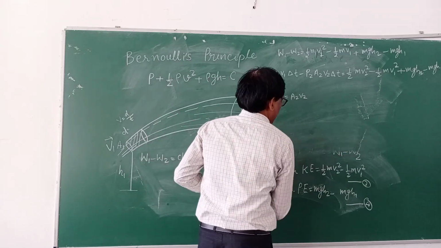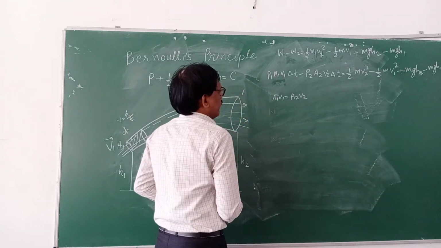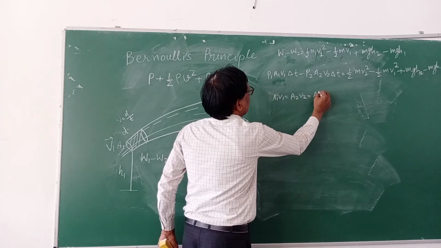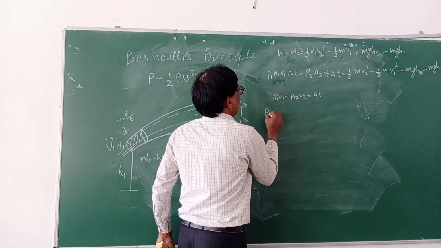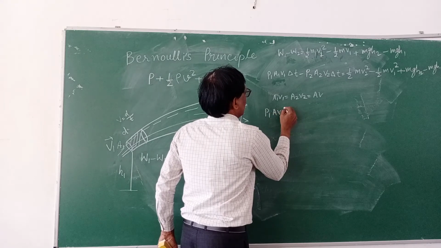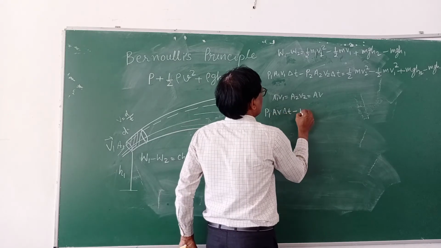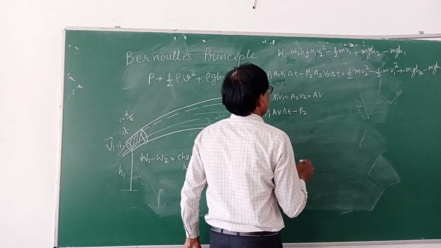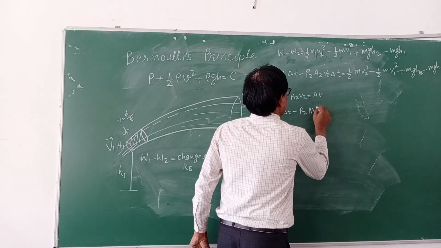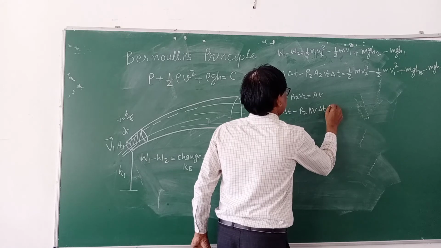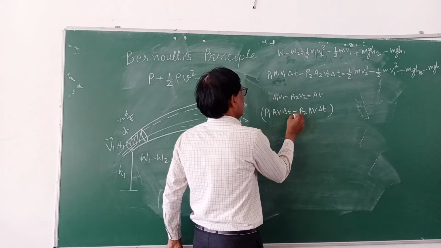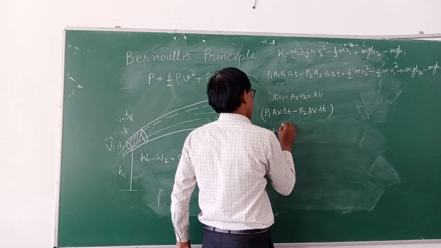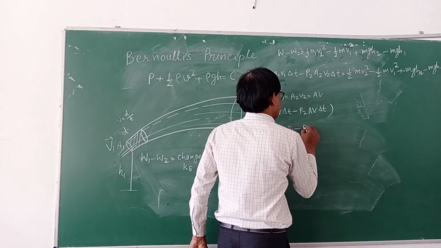So we can write A into V. So P1 AV del T minus P2 AV del T. AV del T is common, so it will be P1 minus P2.